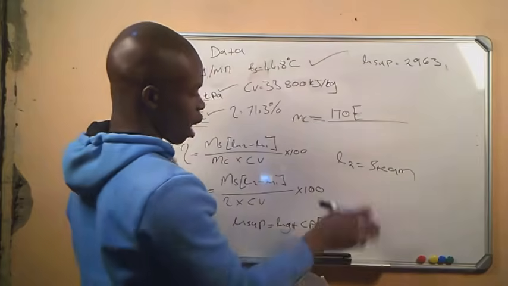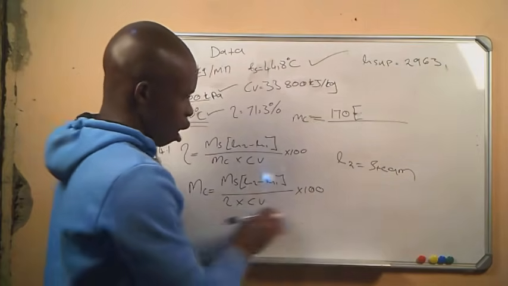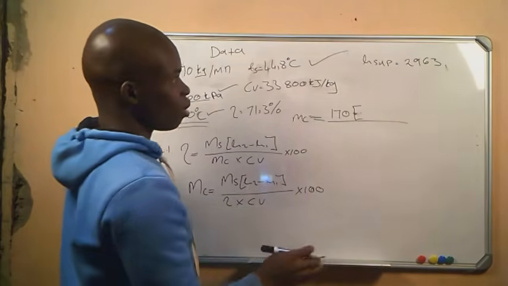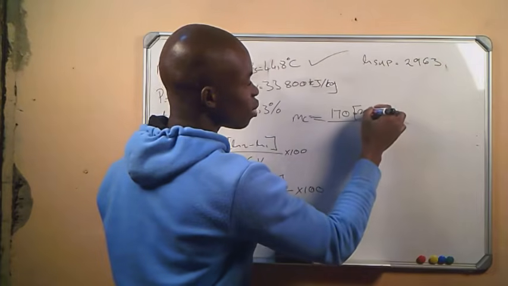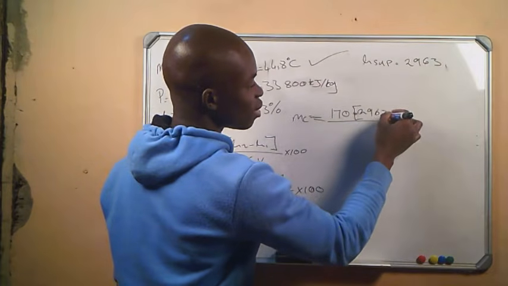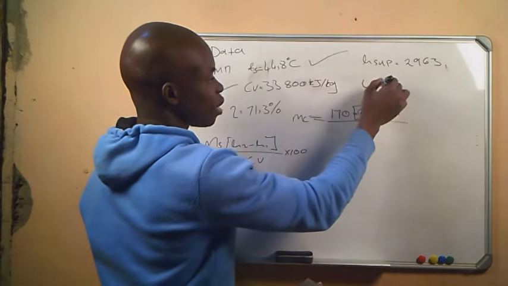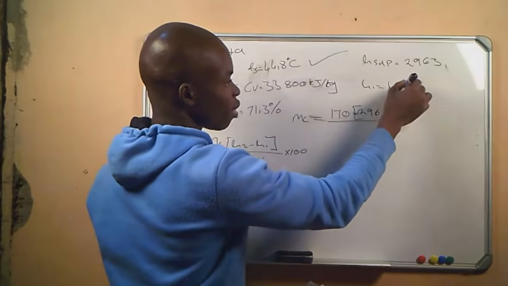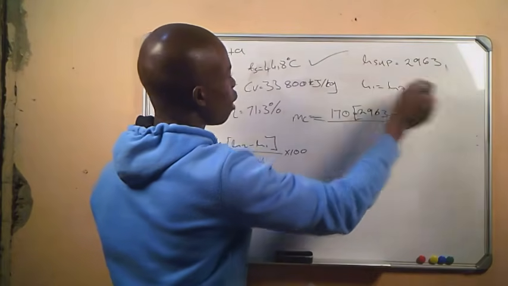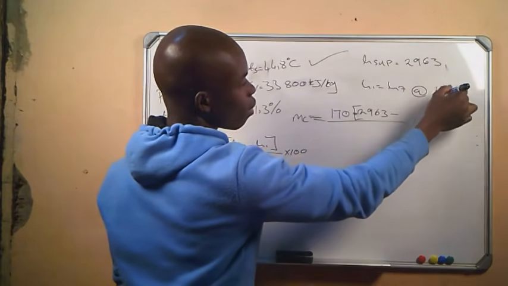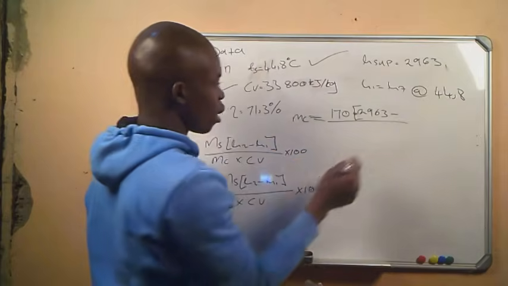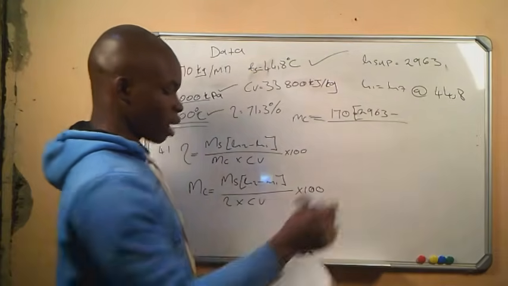Then we put it where it belongs: 2936 minus our H1. We know that H1 is equal to HF at 44.8, and I got my HF as 188.